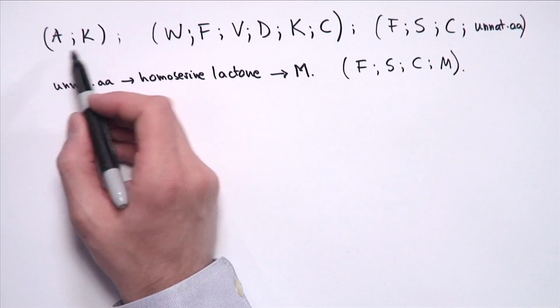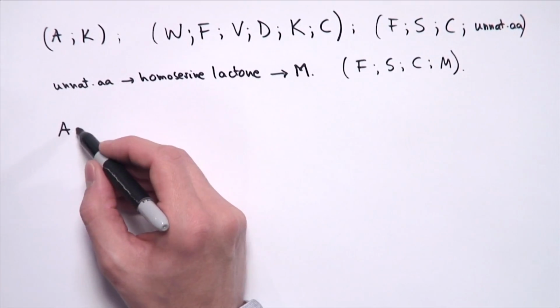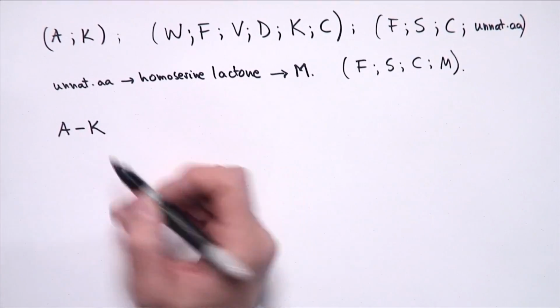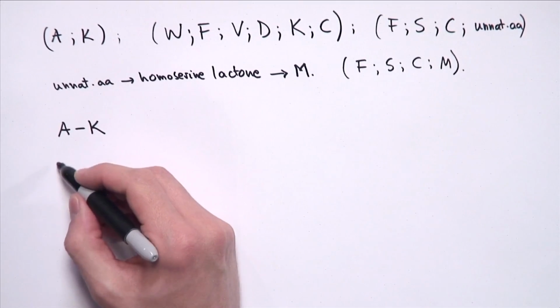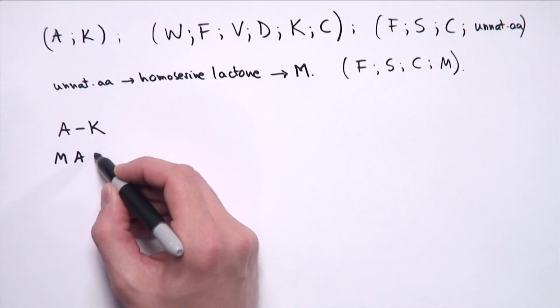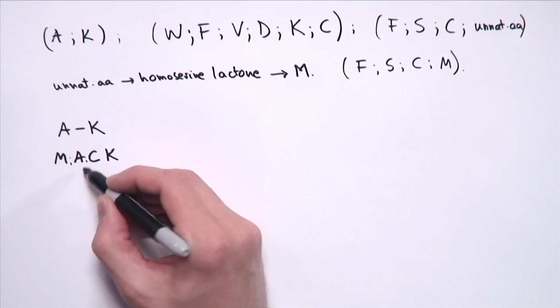So the peptide AK, we know, has to have K at the C terminus. Now, from part 3, we found out that there was a peptide that contained M, A, C, and K after the chymotrypsin digest. Right?